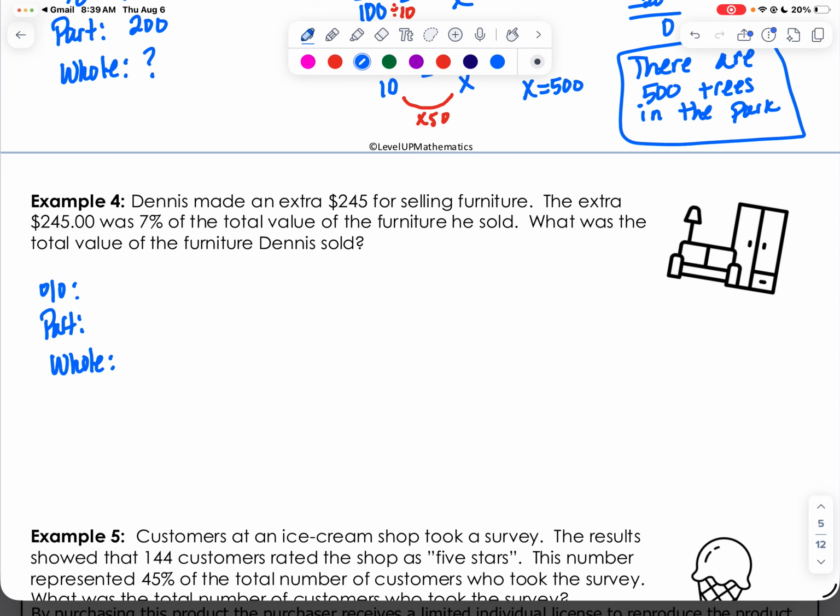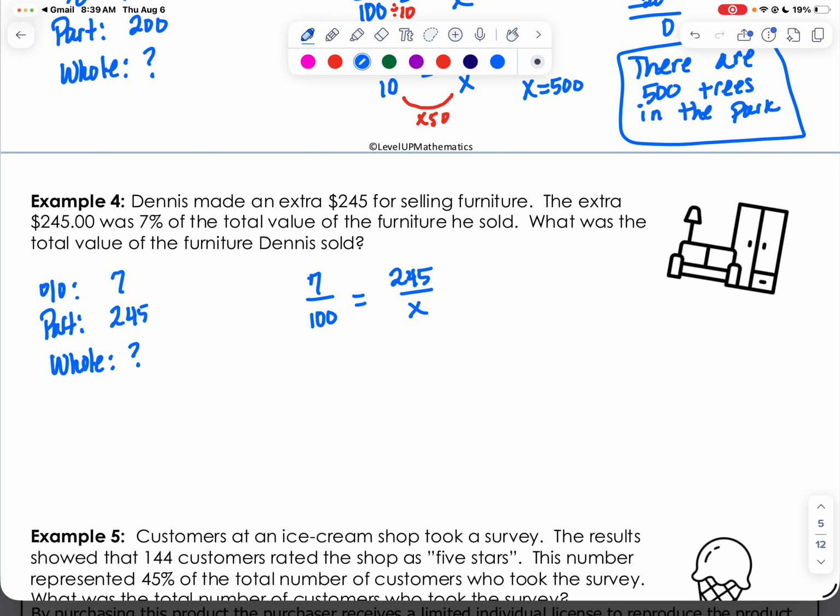So we know the percent was 7. The part was 245. We do not know the total value of the furniture sold. So when we set up our proportion, we'll say 7 over 100 is equal to 245 over x.